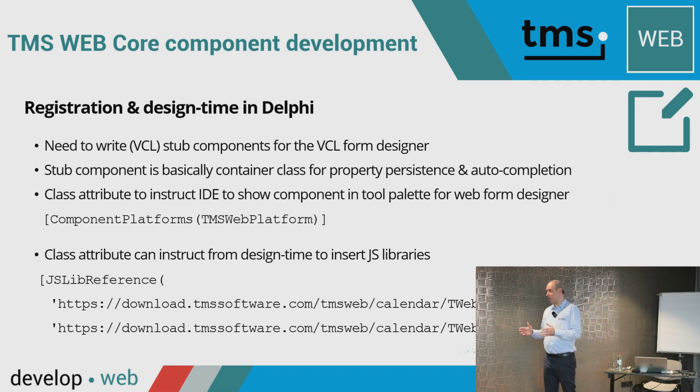So if you want to create a component that is also available at design time, there is some extra work to do. What is actually needed is that you create a VCL stub class, and at the very minimum, this is just a VCL rectangle that you have on your form through which you can set some properties, okay?